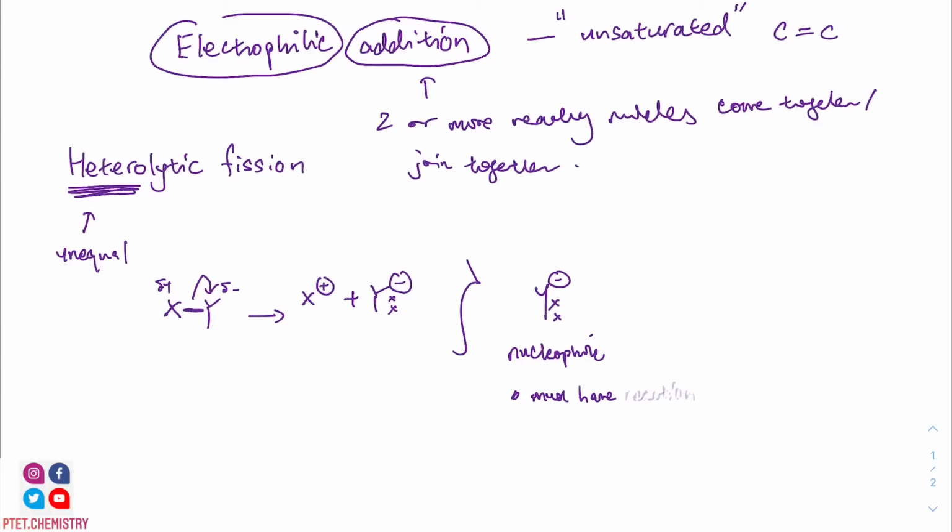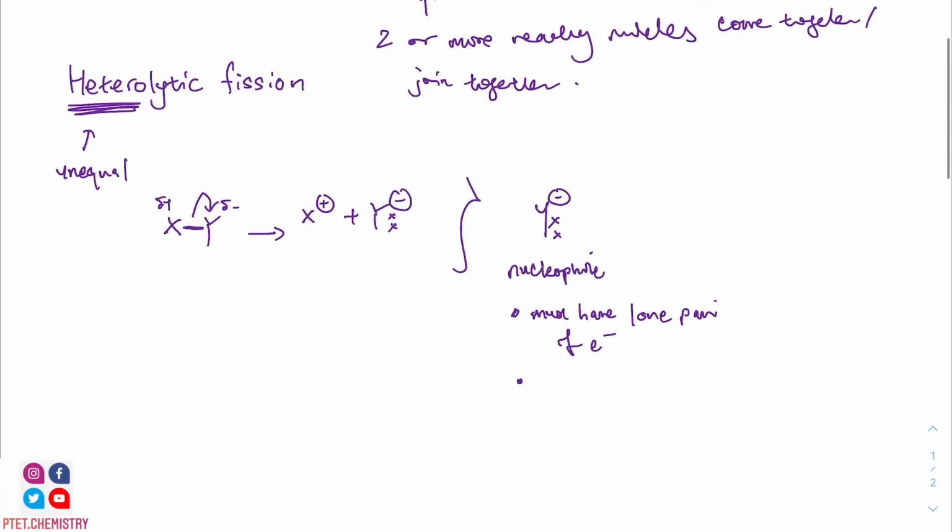It can be negatively charged, but it doesn't need to be, okay? The definition of a nucleophile is a species which is electron rich, meaning rich in electrons. It must have a lone pair of electrons on itself, not necessarily charged, which means it can be charged.